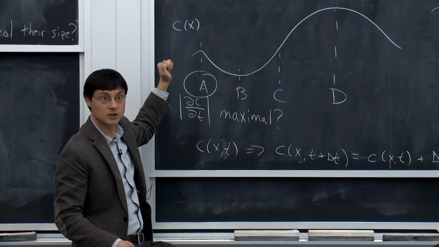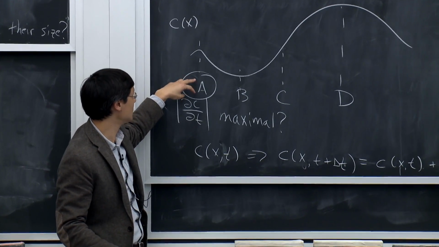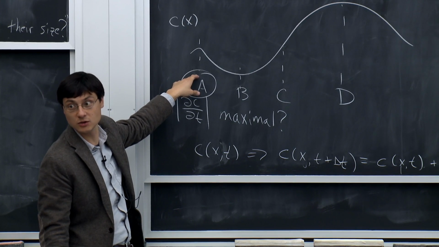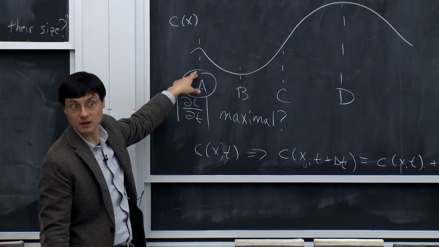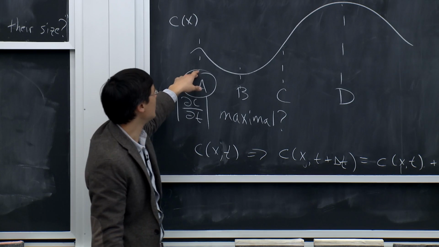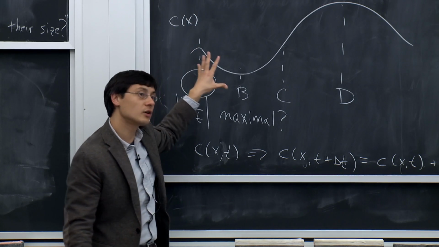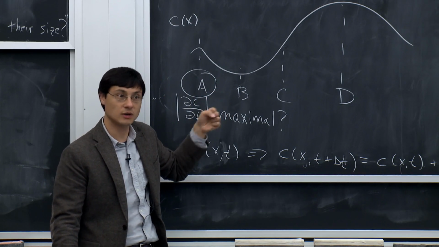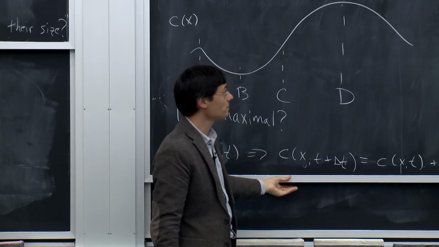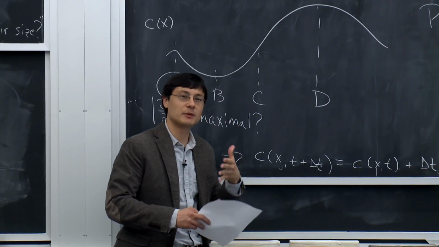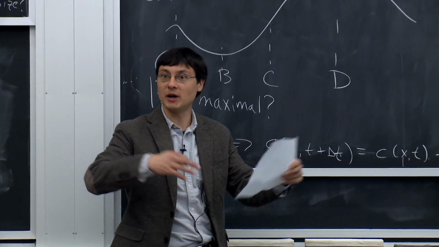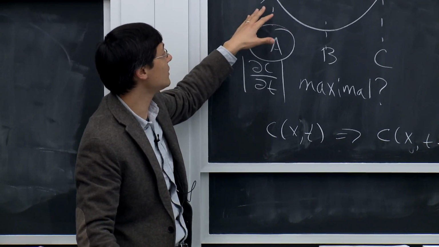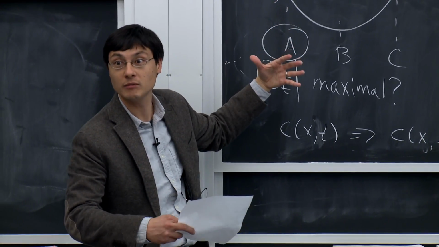So dc dt at this point, is it going to be greater or less than 0? Ready? 3, 2, 1. Less than 0. Now, it's true that only the curvature at a particular point matters to know how the concentration is going to change over this next delta t. But if you want to know what's going to happen over longer periods of time, then you have to worry about more of the global structure. Because this local maximum may quickly go away.